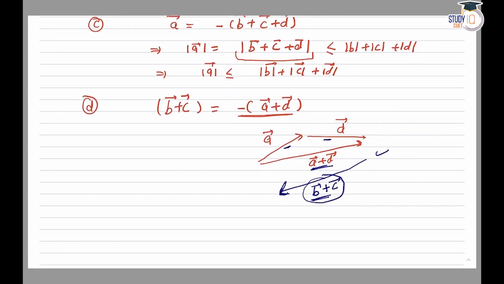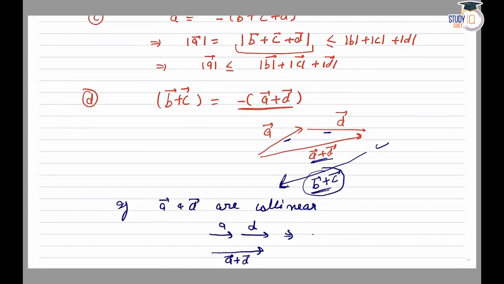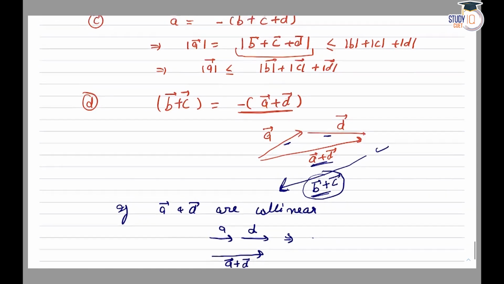Now if A vector and D vector are collinear, which means A and D are in the same direction, then A vector plus D vector would be in this direction. And this is B vector plus C vector, as B vector plus C vector is equal to minus of A plus D. So this is A plus D and this is B plus C.